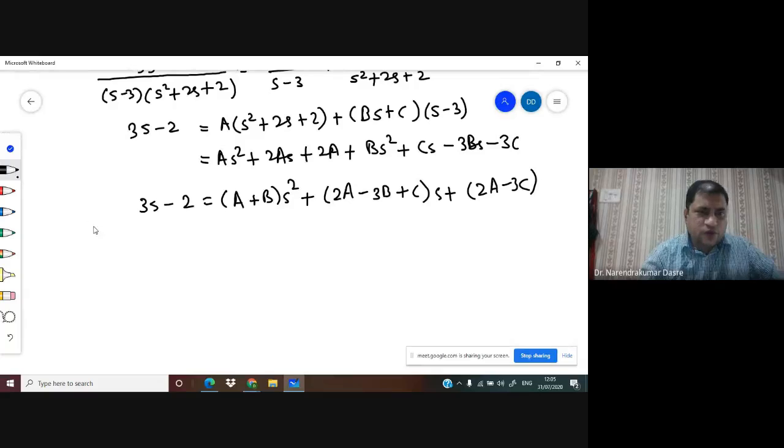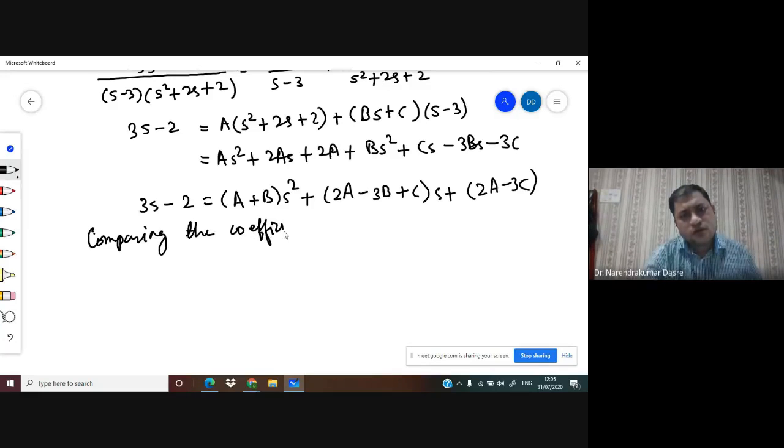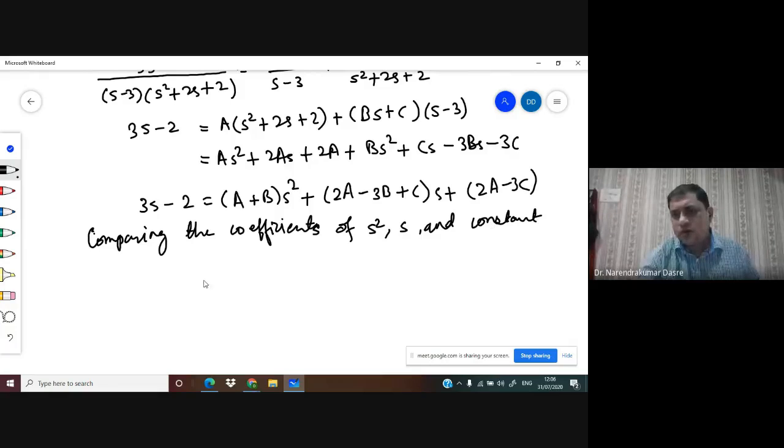So here we'll compare the coefficients of s square, s, and constant terms on both sides.